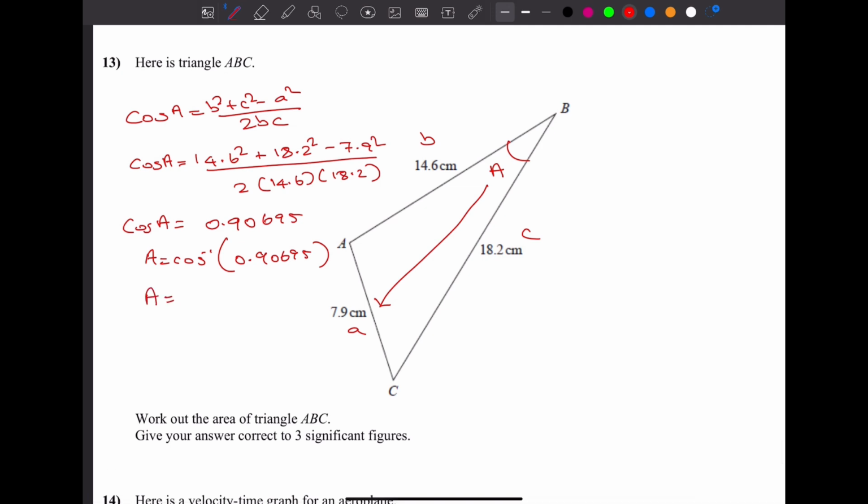I'm just going to do the answer to 2 decimal places, remember. 24.91 degrees. Cool. Then remember that angle, I'm just going to erase these. I don't need this now. And that angle was 24.91. Okay, and I want the area.